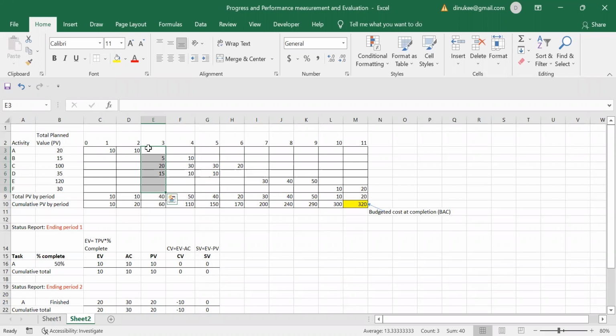It should be 20. You have to take actually the cumulative here, right? So I am not asking you to take the cumulative, because this cumulative is going to be the summation. Right, very good. It's 20.